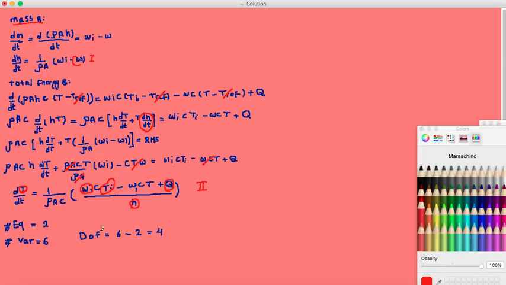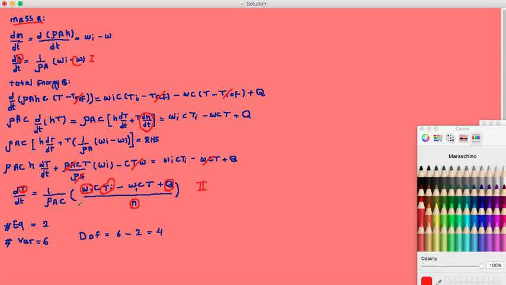If we select H and T, we will cover two states. So H and T are output variables on the left hand side of equation 1 and equation 2.